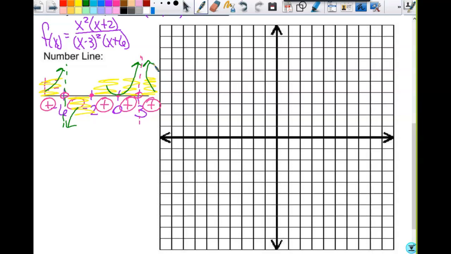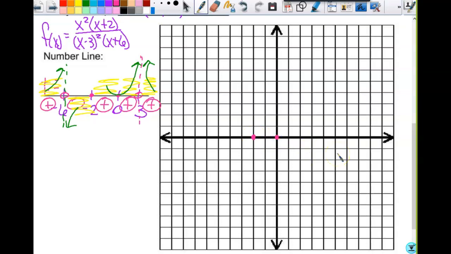Okay, kind of a generic, this is what's happening, and then we'll get it on the actual graph itself. So let's plot what we actually know. We know that there are no holes. We know we have zeros at -2 and 0.